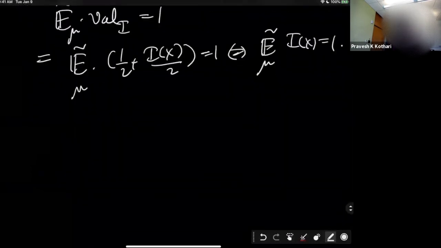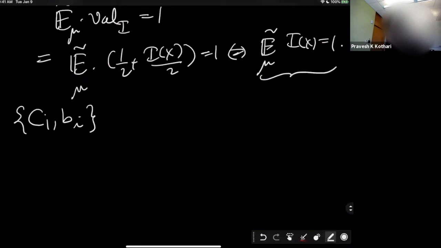So I have to make E twiddle mu of I x equal 1. What value? The first interesting set of monomials are the ones that correspond to constraints. So let's look at them. I had constraints c_i, b_i, and each of these constraints meant the following polynomial equation.